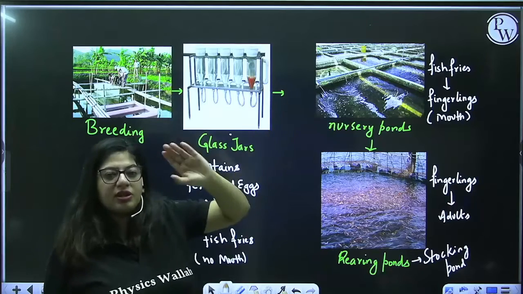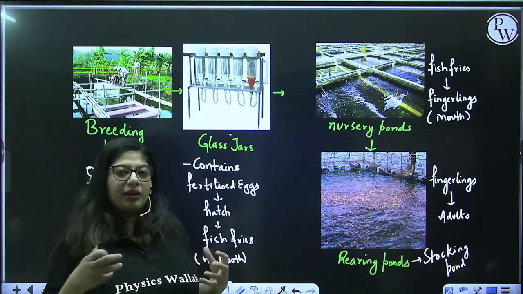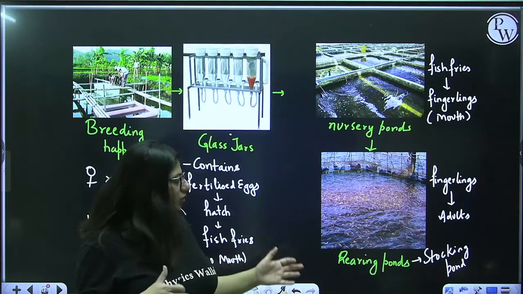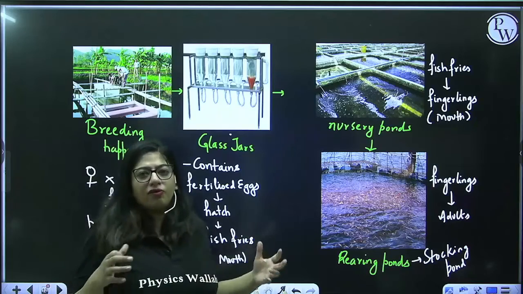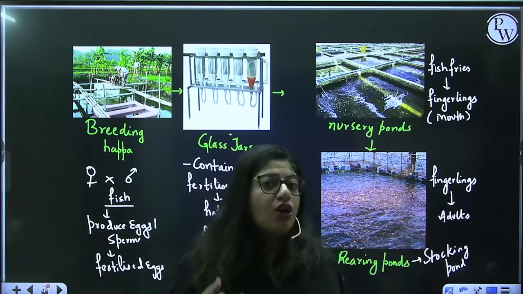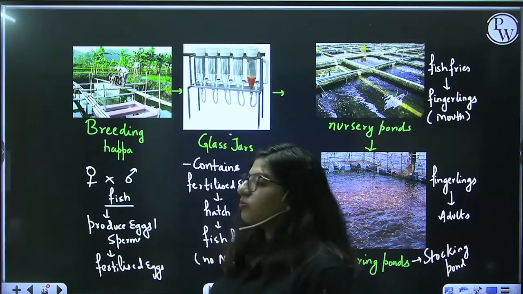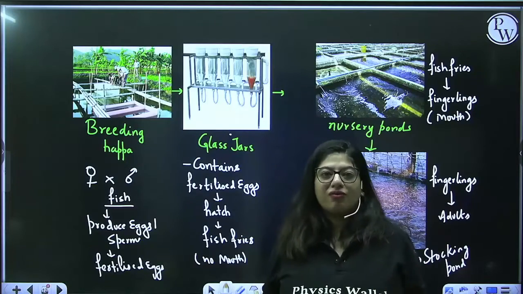In nursery ponds, they convert into fingerlings, and then into the rearing pond, where they get into bigger size, and are then sent into the stocking ponds. Stocking ponds are large ponds. From there, when they get to full size, you collect them, sell them in the market, or put them back. A few of them should be put back into the breeding happa for the next round of breeding, right?